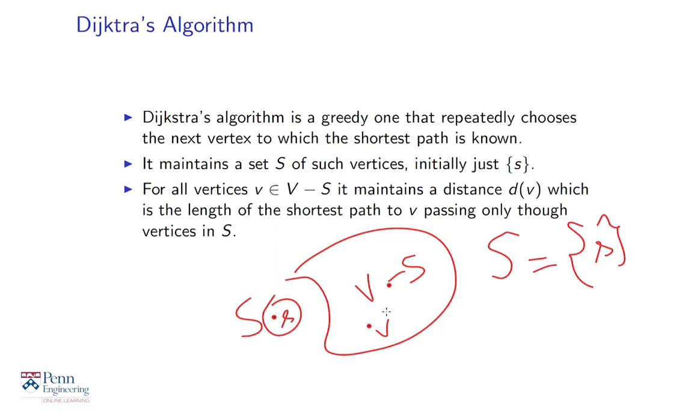It's not the final distance from s to v, but a provisional distance d of v, which is going to be the length of the shortest path to v passing only through vertices in S. So we're only interested in such paths, and Dijkstra's algorithm maintains the length of the shortest such path to v in a value called d of v. So d of v is the best known distance to v for the current set of vertices capital S.